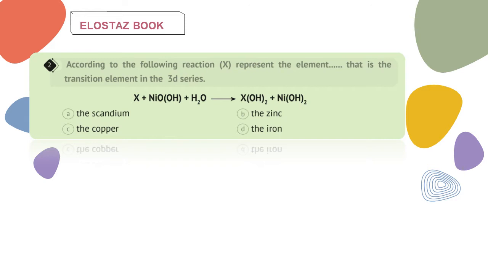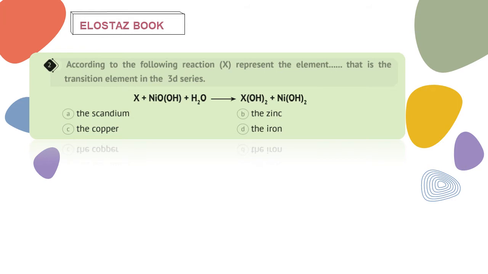So if we discuss the answer here, the choices are scandium, zinc, copper and iron. Scandium and titanium are in the 3B elements with the oxidation state plus 3 only. Also we have copper and zinc. Copper is less active than nickel, so it will not make the two compounds in the product.